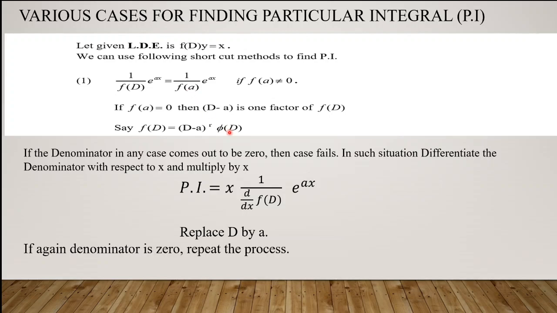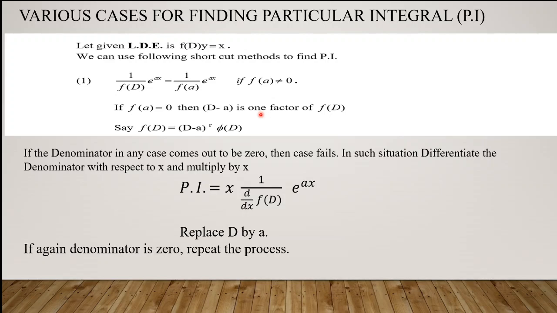It is 0 means it is a factor, one of the factors. See, when you calculate the roots of a quadratic equation, those satisfy the equation. If the roots are coming out as 1 and 2, if you put that 1 in the quadratic equation, your RHS will be 0. If you put the other root 2 in the quadratic equation, it will also again give you the answer as 0.